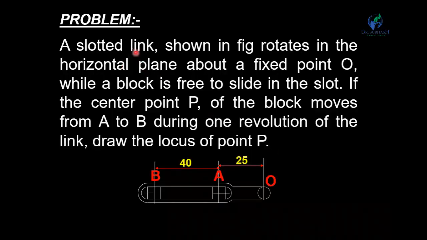Now, one more problem. A slotted link shown in figure rotates in the horizontal plane about a fixed point O. While a block is free to slide in the slot, if the center point P of the block moves from A to B during one revolution of the link, draw the locus of point P. Okay, now here one link is OAB and it is rotated about this point O. At that time the slider P is in between this A and B and it is moving.